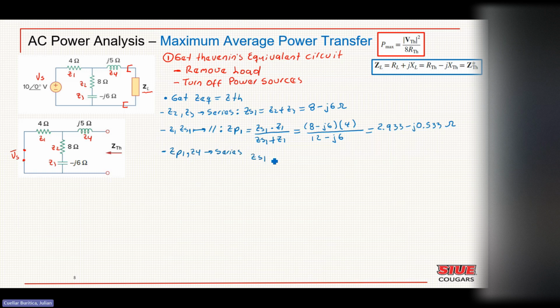we will compute CS2, that is going to be equal to our C Thevenin, which is CP1 plus C4, and that's equal to 2.933 plus 4.466 ohms.